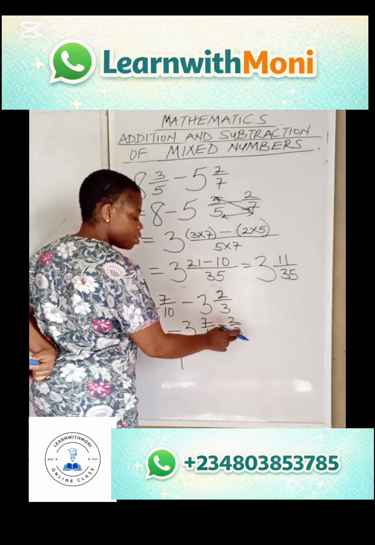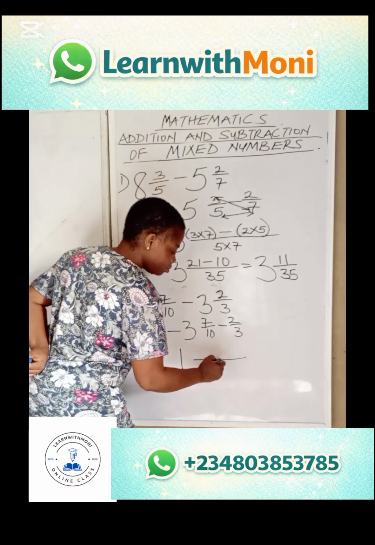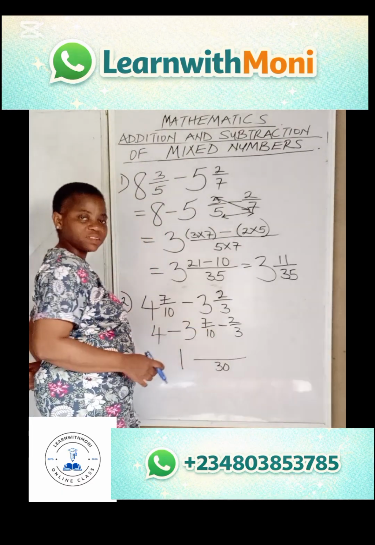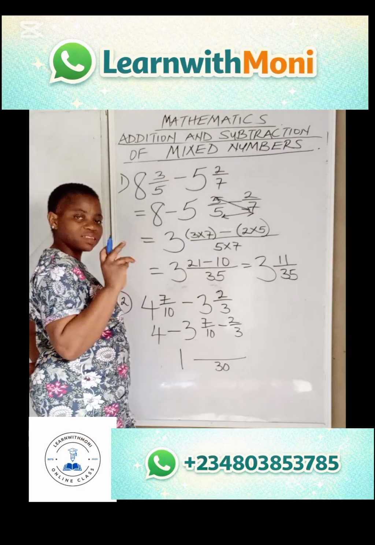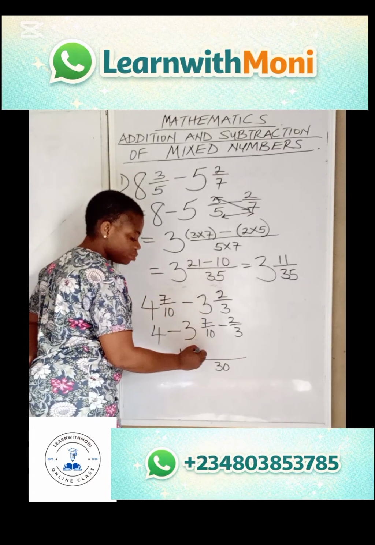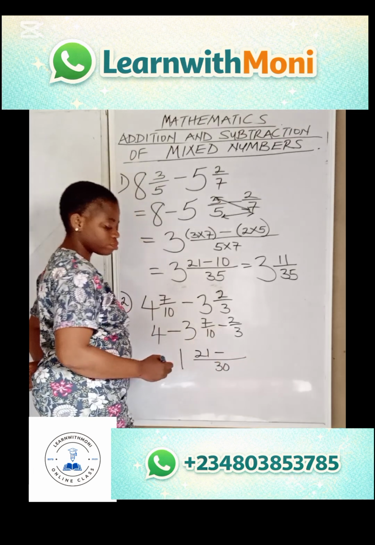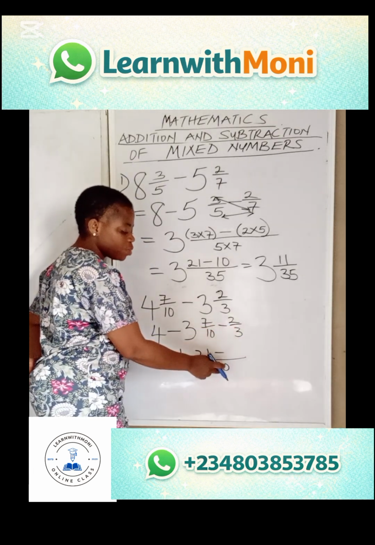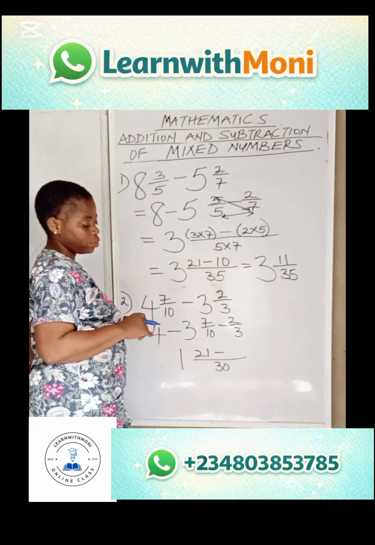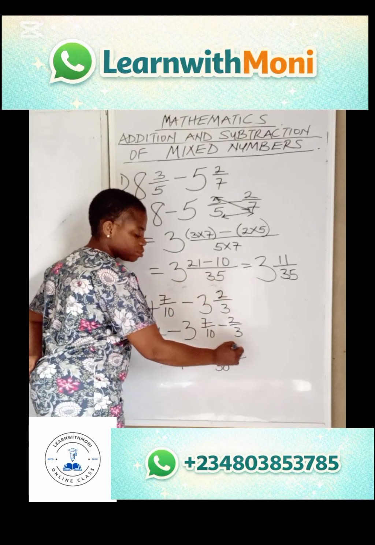The LCM of 10 and 3 is 30. How many 10 can we get from 30? 3. That is 30 divided by 10. 3 times 7 is 21. Minus. How many 3 can we get from 30? We have 10. 10 times 2 is 20.